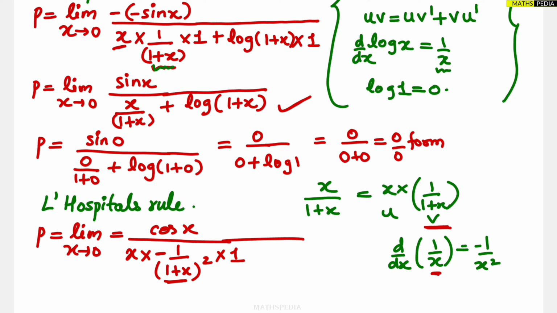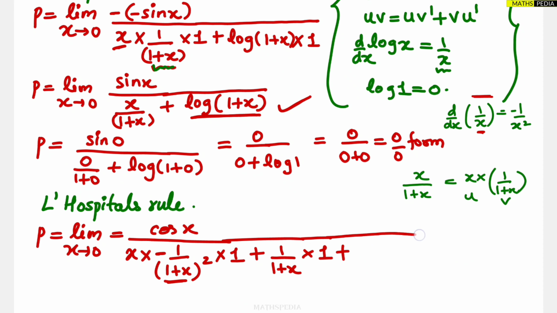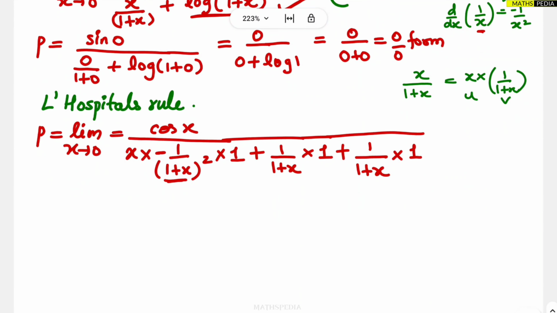Plus, now second function as it is into differentiation of first function, x differentiation 1. So this part is also done. Now log of 1 plus x is left out. So plus, log of 1 plus x differentiation will be 1 by 1 plus x, again into differentiation of 1 plus x, which is 1. Simple.